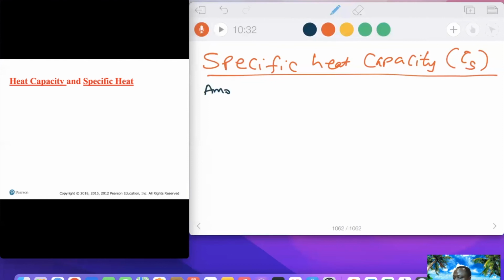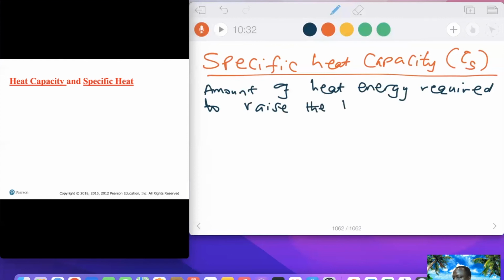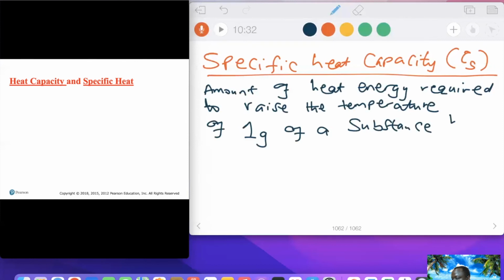This is the amount of heat energy required to raise the temperature of 1 gram of a substance by 1 degree Celsius or 1 Kelvin.